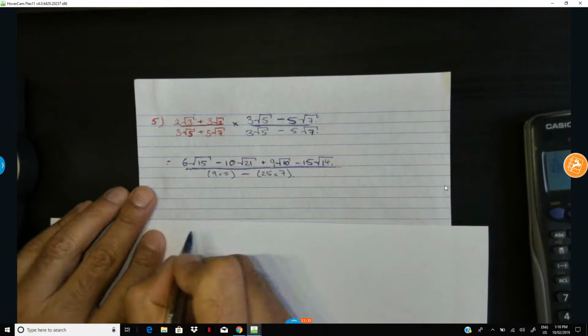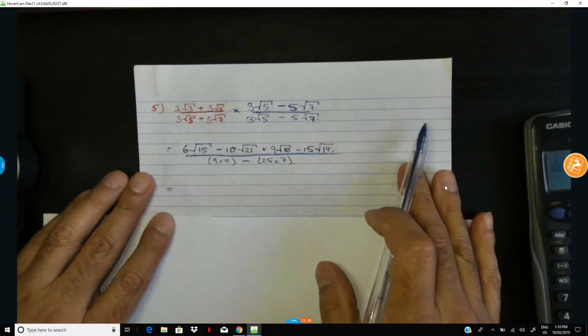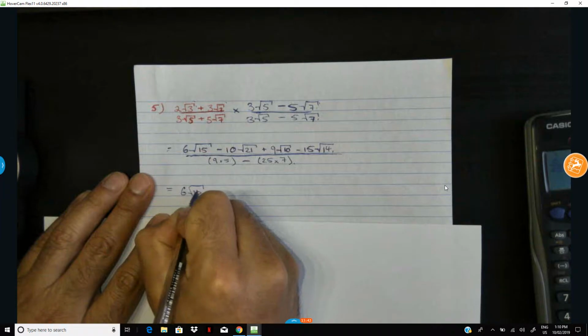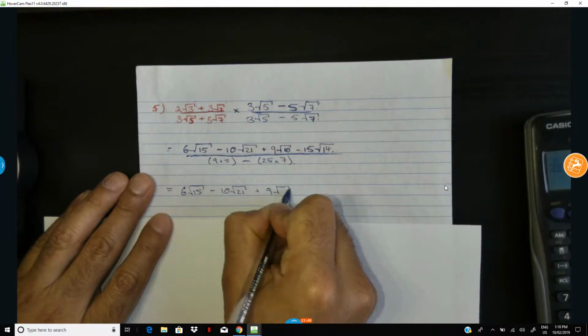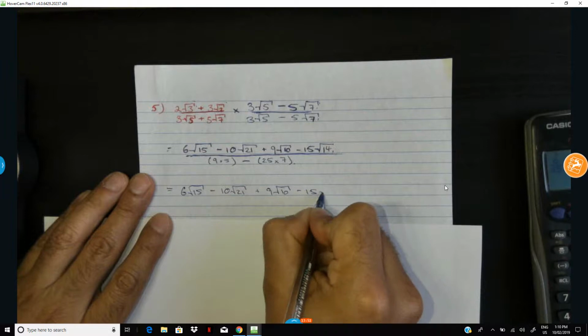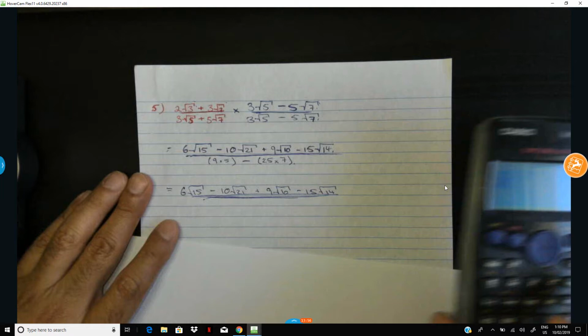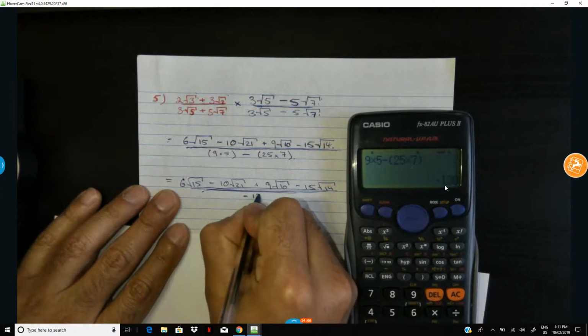I can't collect any like terms from the top, so it's just going to stay as 6 square root 15 minus 10 square root 21 plus 9 square root 10 minus 15 square root 14. And that's all over 9 times 5, which is 45, minus 25 times 7, which is negative 130.